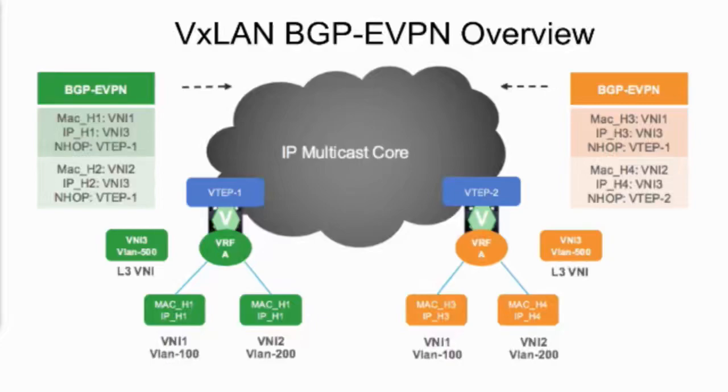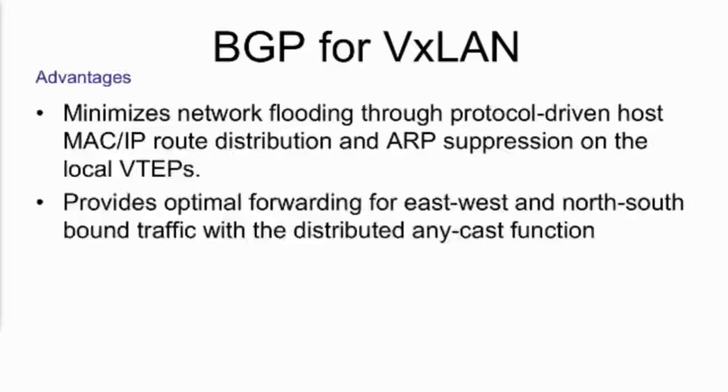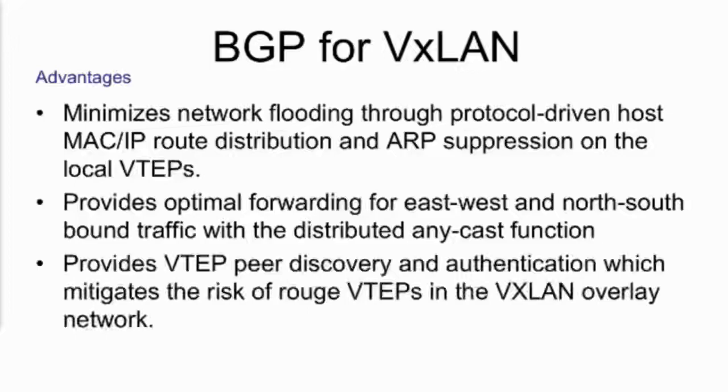And this is how VxLAN BGP EVPN provides peer auto discovery. Again, it minimizes the flooding in the network. It optimizes east-west and north-south traffic. North-south means your up to down traffic. You have peer discovery, and you can use all the benefits of the BGP protocol itself.